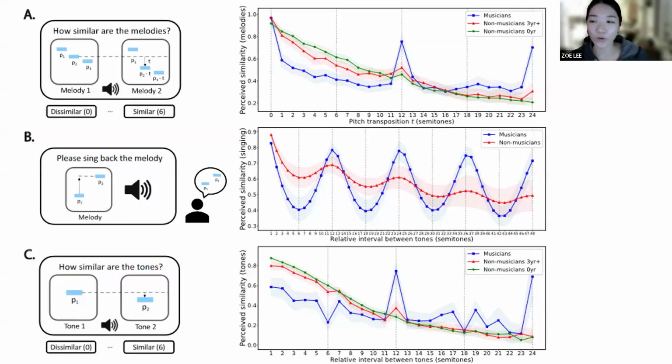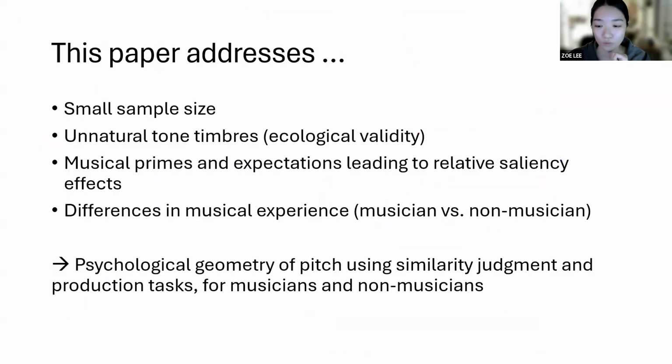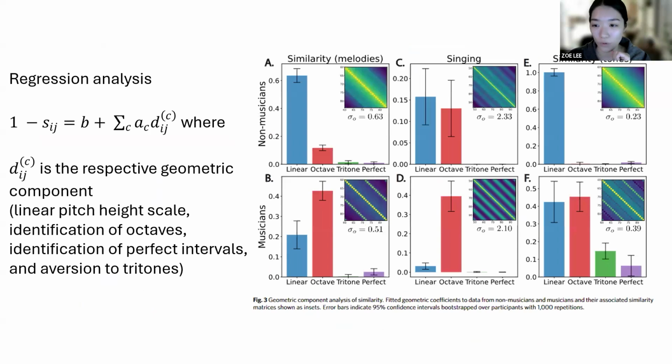But I want to circle back on the observation that the octaves are playing a huge role for non-musicians in production. I wonder what that would mean, if that would shed some light on interpreting these results in terms of qualia.